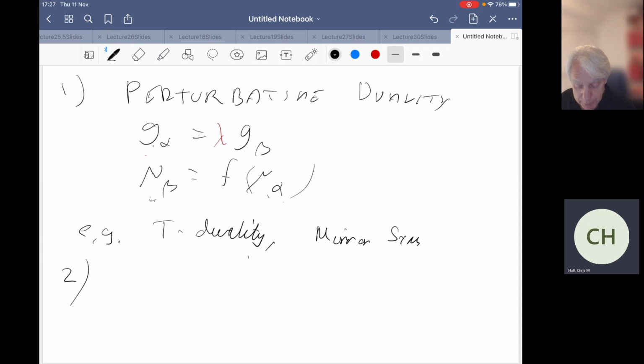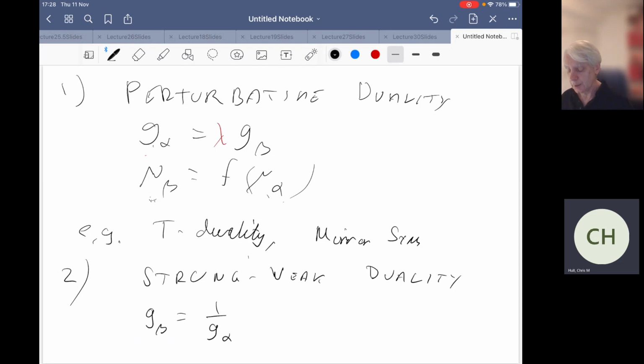Another case is where we have a strong-weak duality, sometimes referred to as an S-duality, where G beta is 1 over G alpha. So in this case, when G alpha is weakly coupled, G beta is strongly coupled, and vice versa.